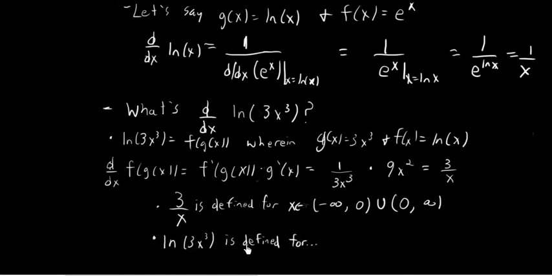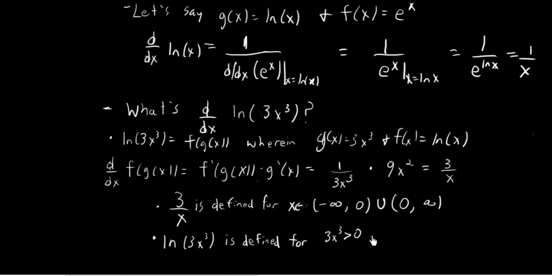Well, we know that ln cannot take a 0 or negative argument, because e raised to any power is always going to be positive. Even if you raise e to a negative power, you will get a positive result, right? So we know that this 3x cubed has to be positive. So we could say ln of 3x cubed is defined for 3x cubed strictly greater than 0.